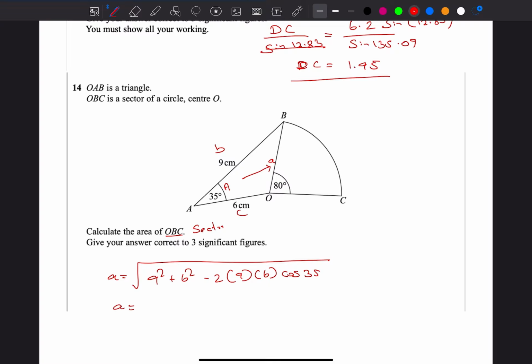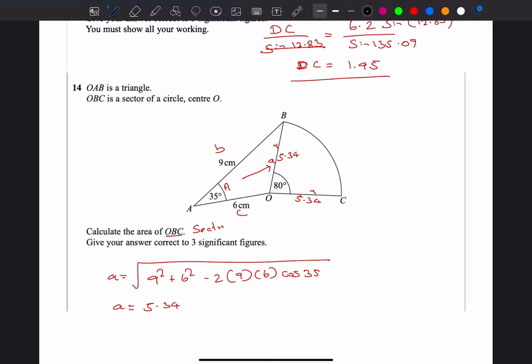And that works out to 5.34. So that is 5.34, and this is also 5.34 because these are both radii anyway.